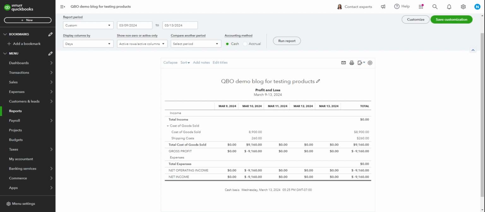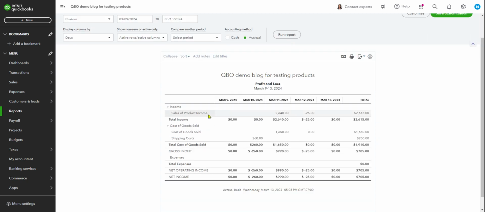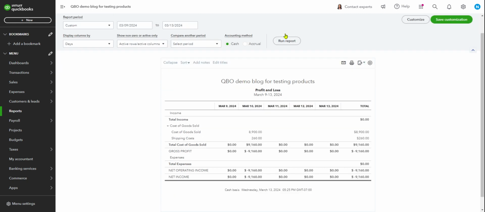The moment they pay your bill, then it will show up on cash basis. On accrual, you will see this income in here. This is the one, 2640, right? But you don't see it when it switches to cash, because it's an invoice and they haven't paid it.